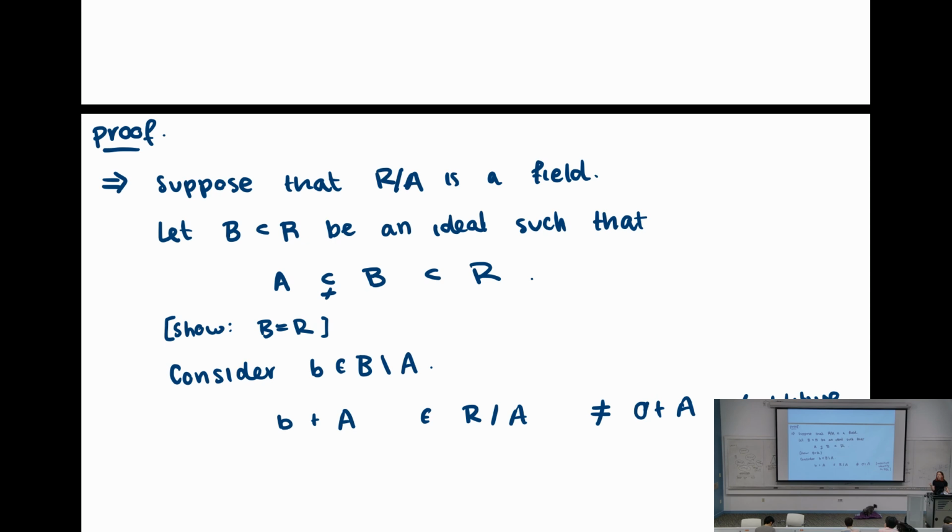Okay, so since we have found a non-zero element of R mod A, and R mod A is a field, we are allowed to invert it.